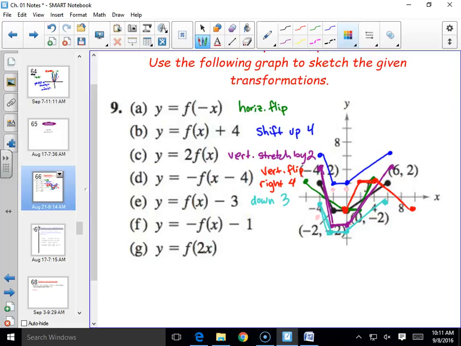And we could flip him, which would be negative 2, but then down 1. If we did it in the other order, we might accidentally end up going up 1, and that's not good. So this would be a vertical flip. And this just helps you see that order does matter on these. Does that make sense?